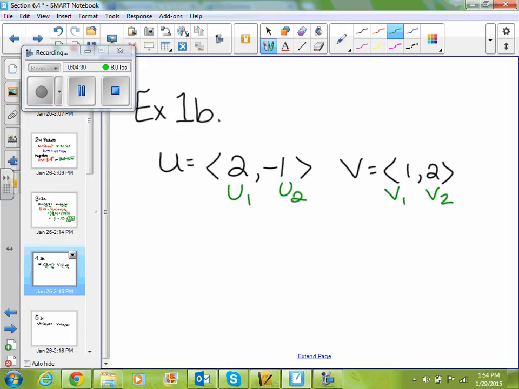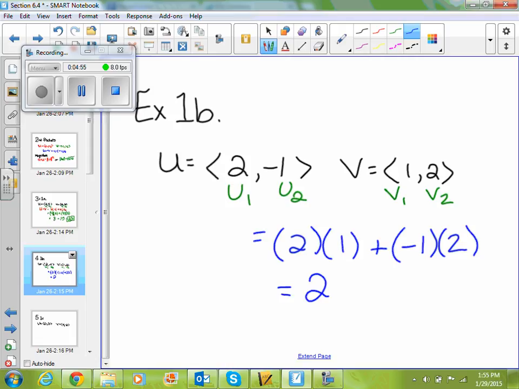Okay, so if I label my u1, u2, v1, v2, and then plug that into my formula, I take my u1 first, so 2, times my v1, which is 1, plus my u2, which is negative 1, times my v2, which is 2. Okay, 2 times 1 gives me 2. Negative 1 times 2 gives me negative 2. 2 plus negative 2 gives me 0. So my dot product of u and v is 0.